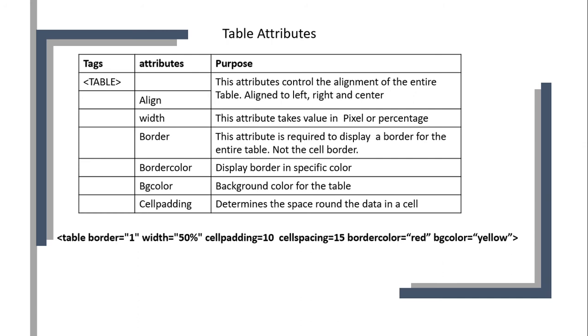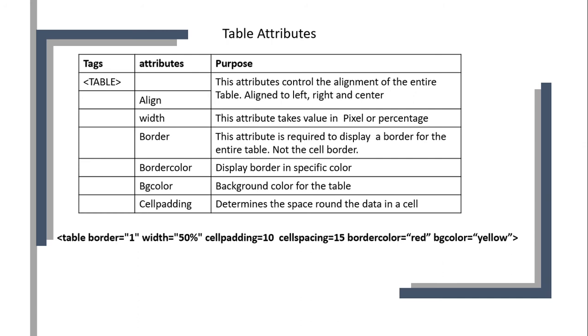Why? Because we have not given the border size. That's why in a table, border is a very important attribute to give your border size. Border size we give in numbers, in pixels.